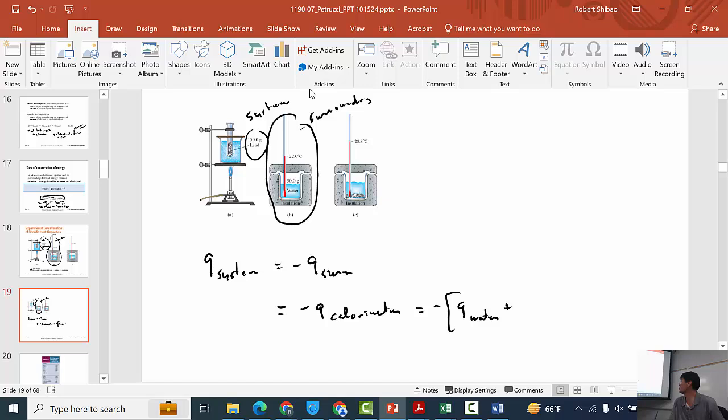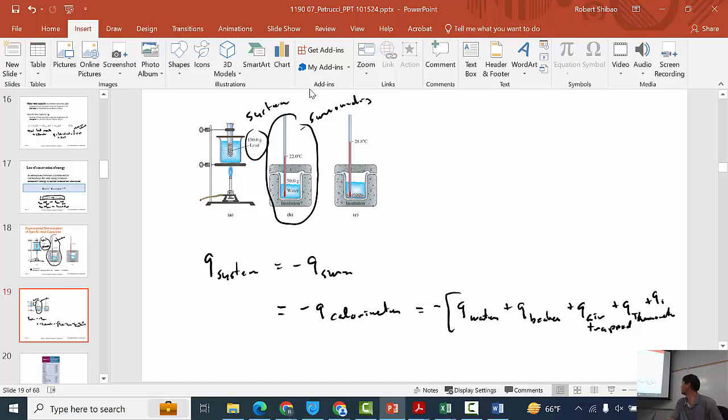What else is going to absorb energy? Q of the beaker, plus Q of the air that's trapped in there, plus Q of the thermometer, plus Q of the insulation.